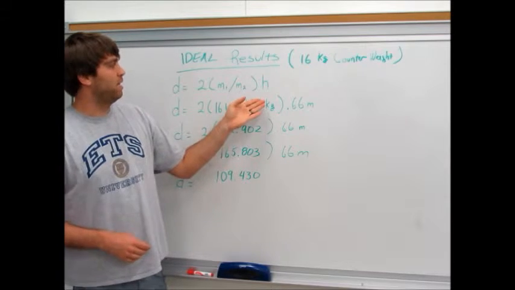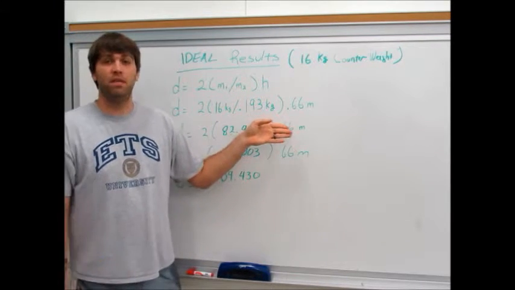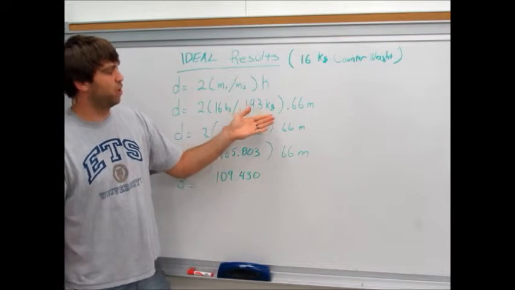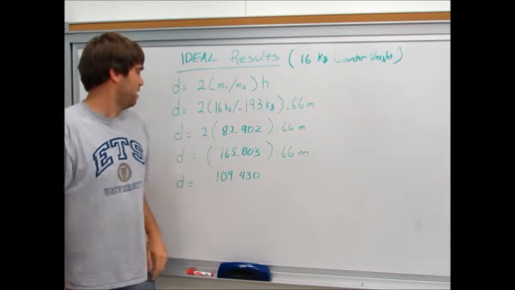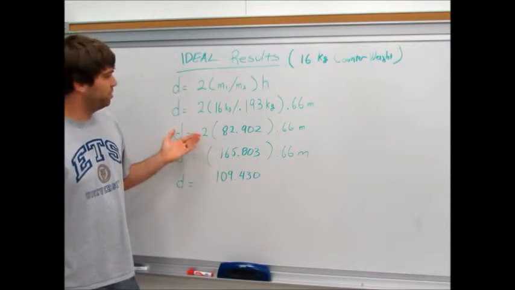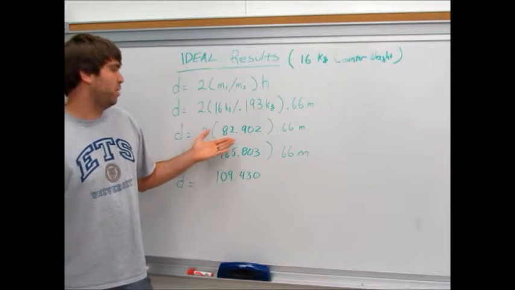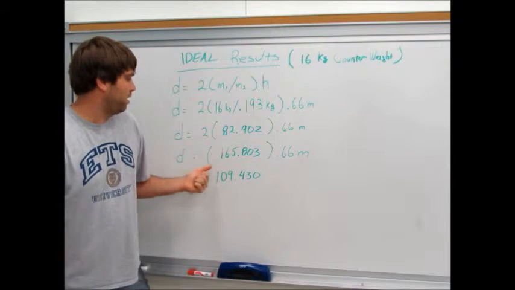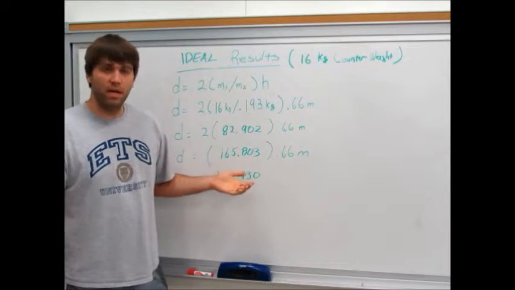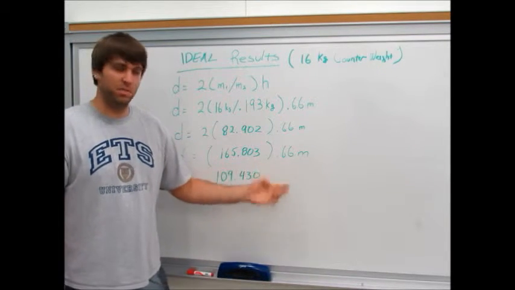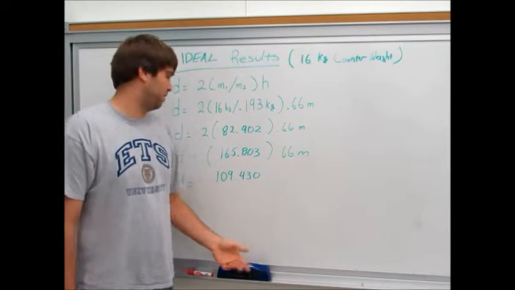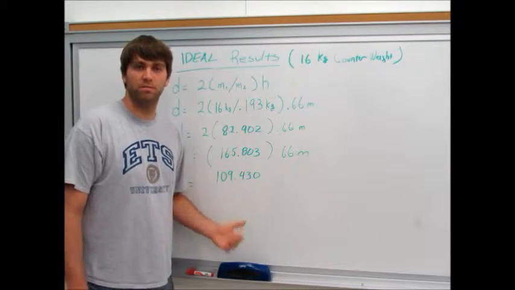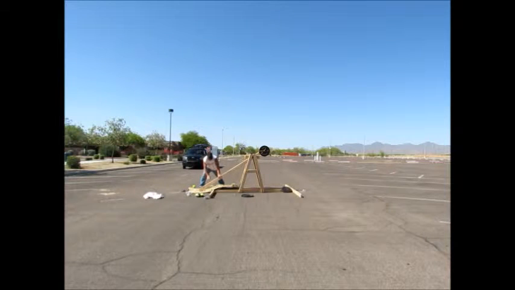And the height, h, is the distance the counterweight drops, which was 0.66 meters. Breaking it down, 2 times 82.902 times 0.66 meters ends up being 165.803 times 0.66 meters, and we get the final result of the distance being 109.430 meters.